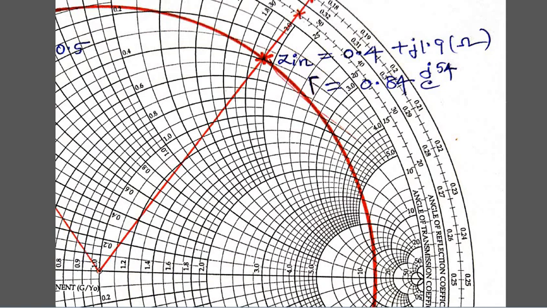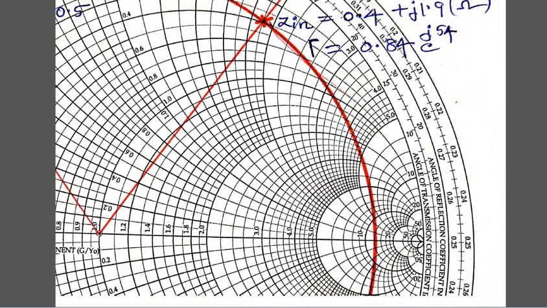Then we found the reflection coefficient angle of ZL and the wavelength of ZL. Then we moved towards the generator, and we found Z in and the reflection coefficient of Z in. If you extend these lines we will get admittance.